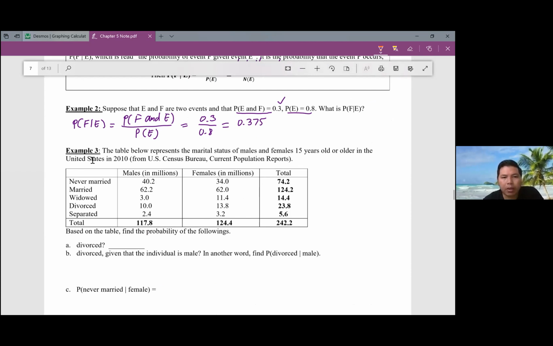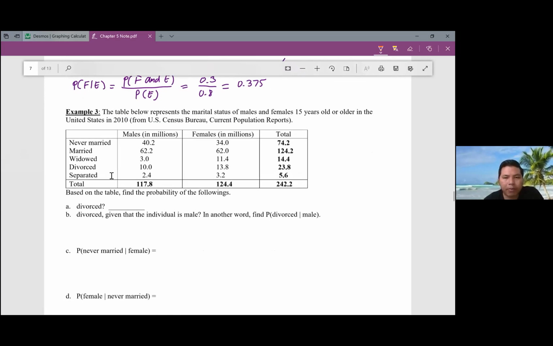Now, the table below is presenting the marital status of male and female 15 years old or older in the US in 2010. So what we have here is a contingency table, right?